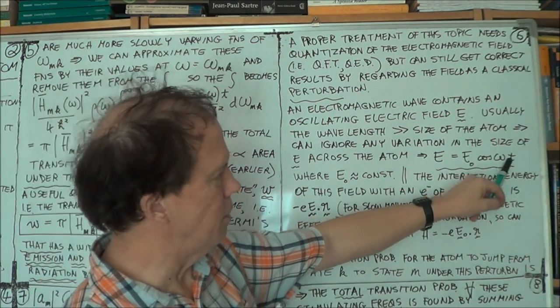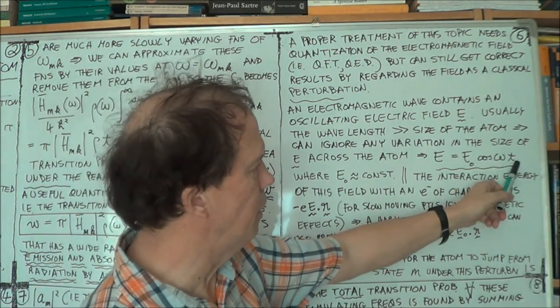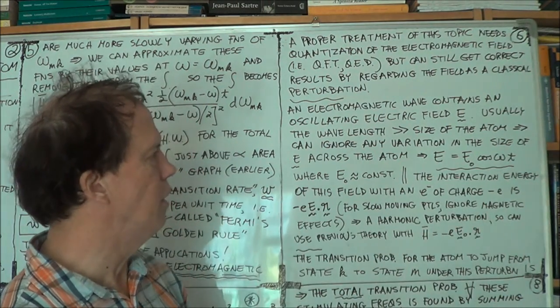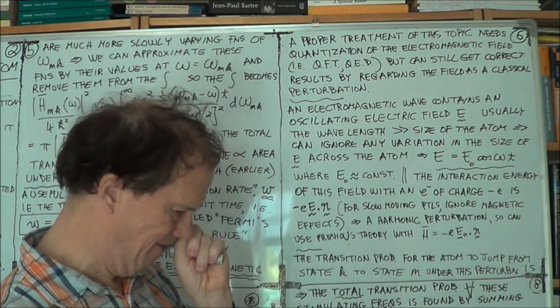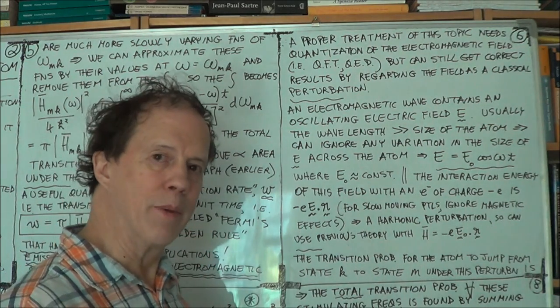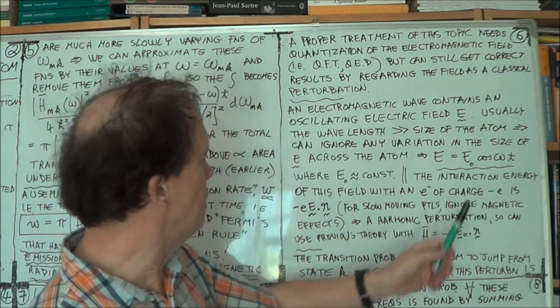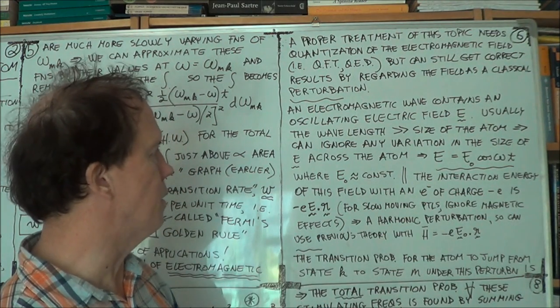Now it's oscillating, so you'll have some sort of oscillatory term. So let's just call it cos omega t, where omega is your angular frequency. So this is your perturbing electromagnetic wave. Let's say it's of this form, and your E naught, just treat that as a constant.